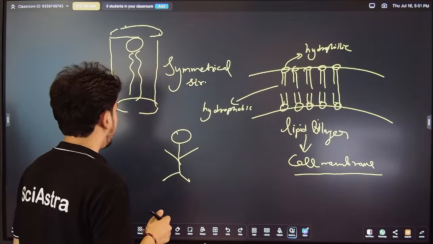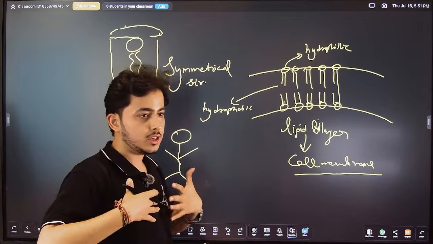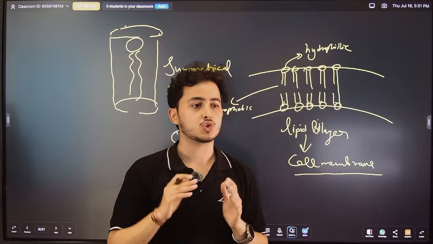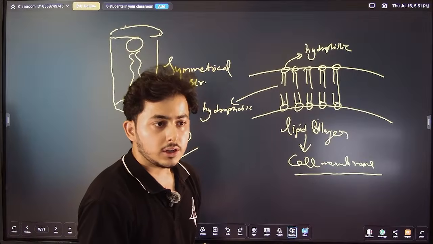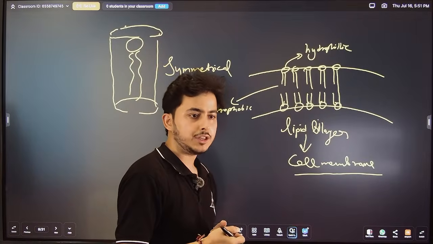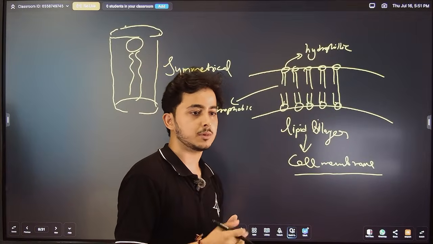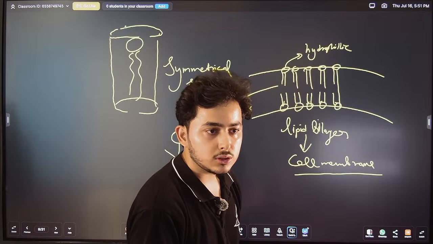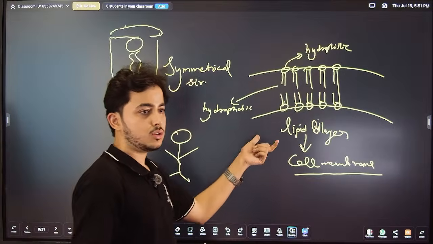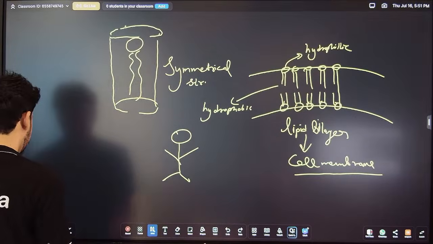But if a person's body is not that thin, and is in proportion with the head, then it will be called a symmetrical structure. I am talking about the lipids, basically what kind of structures they can form. And that is how the lipid bilayer is formed.